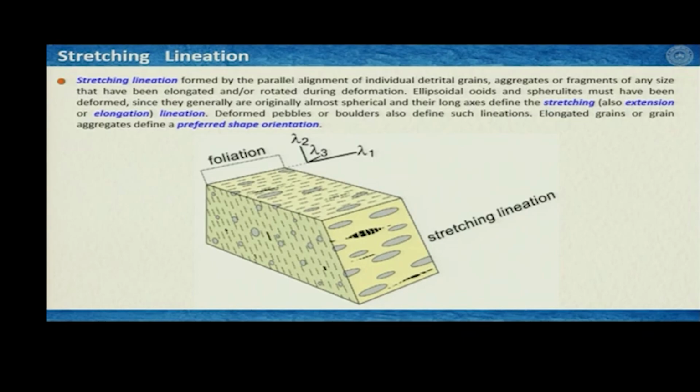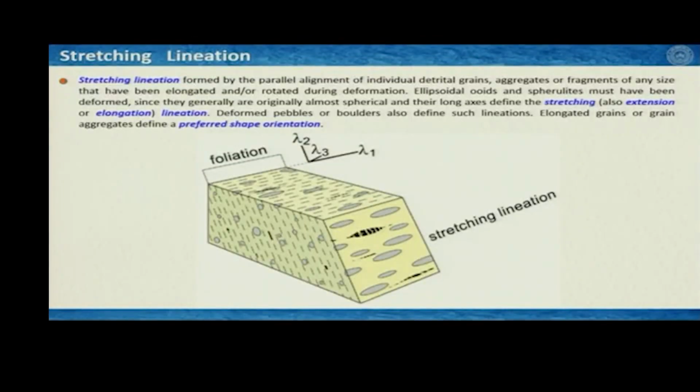And if that happens, then deformed grains or clasts define a lineation, and this lineation is known as stretching or extension or elongation lineation. And sometimes these elongated grains or grain aggregates also define preferred shape orientation.